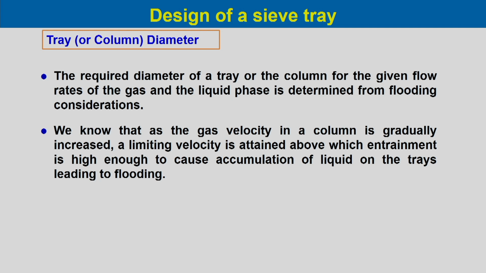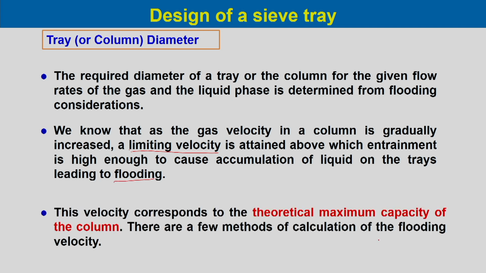After a certain velocity, which we call the limiting velocity, under such circumstances the column will flood. The velocity corresponding to the theoretical maximum capacity of the column, that limiting velocity, will correspond to the theoretical maximum capacity of the column. There are a few methods of calculation of the flooding velocity.